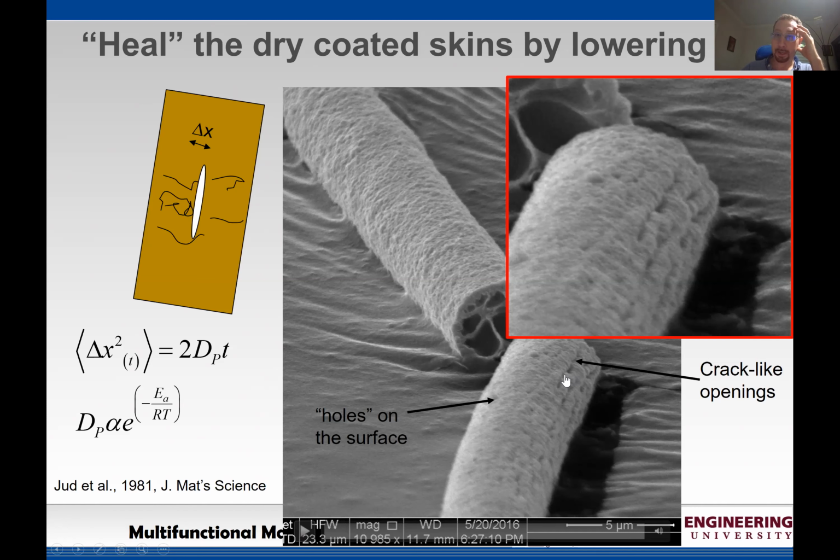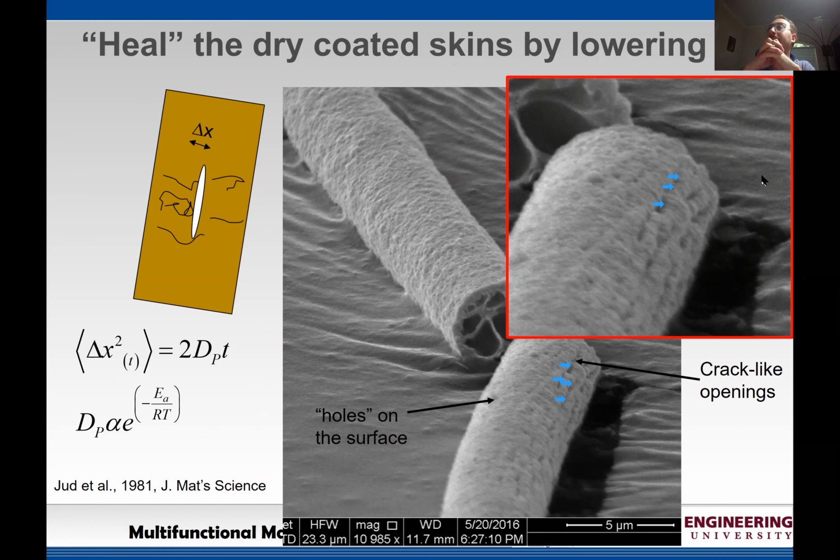So these are crack-like openings. In this particular case, we wanted to close these cracks. I've zoomed in here so that you can see the cracks even better.